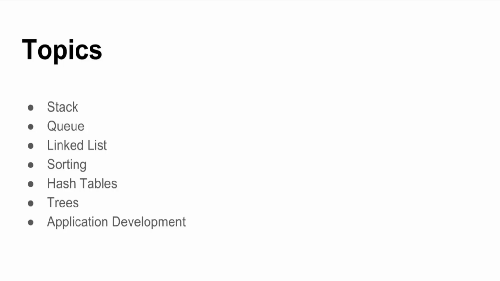So I'll be writing my own custom classes of stack, queue, linked list, sorting classes, hash table classes, and tree classes, so that when the built-in classes don't contain a specific function that you need in your applications, you must know how to write your own custom class of stack, queue, linked list, or any other data structure.